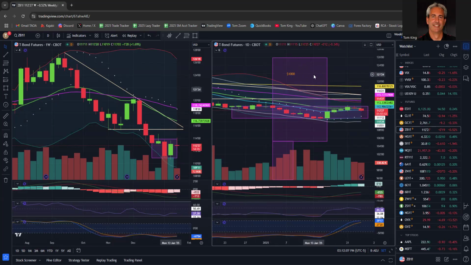If we stay in this big giant area on a reverse jade lizard, which is simply the opposite of what we do, I'm just strictly playing like a strangle almost. I'm playing a strangle for this area with very little risk exposure down here. I don't think I make hardly anything down here. We just need to stay in this area. If we stay in this area, I make $1,000.